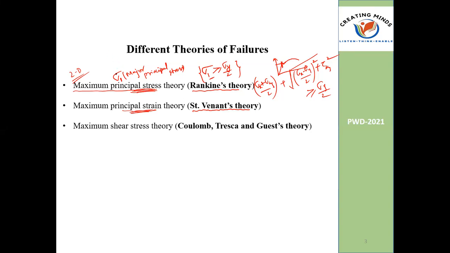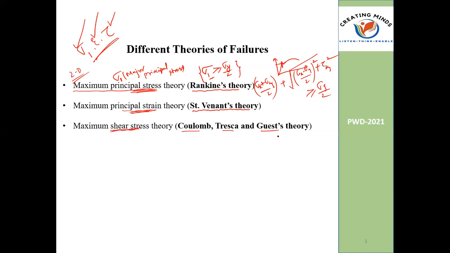Next one is shear stress. In two-dimensional stress we studied sigma 1, sigma 2, strain epsilon, and also tau. So these are the three things: maximum principal stress theory, maximum principal strain theory, and maximum shear stress theory. What is maximum shear stress theory? This is also called Coulomb's, Tresca and Guest theory. Coulomb's theory is different from Tresca and Guest's, but all three say the material fails due to shear stress.